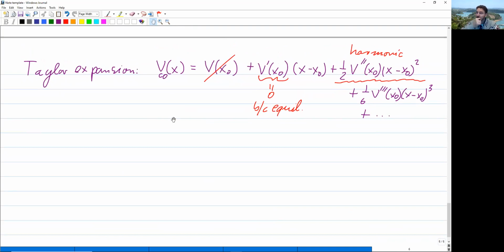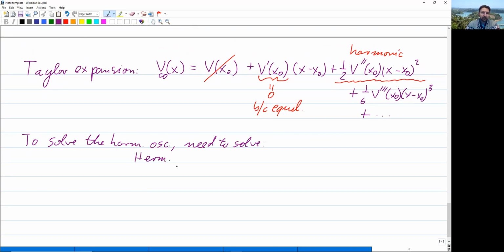All right, so we want to solve the harmonic oscillator. What do we have to solve? To solve the harmonic oscillator, we need to solve, as usual, three things: the hermiticity condition, the canonical commutation relations, and the equation of motion.